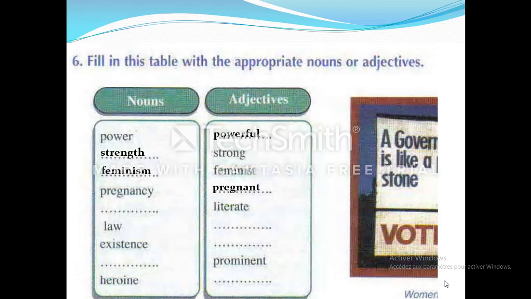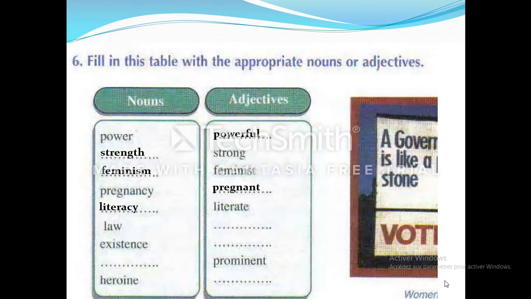Then we have an adjective, literate. So the noun is literacy. Very good.